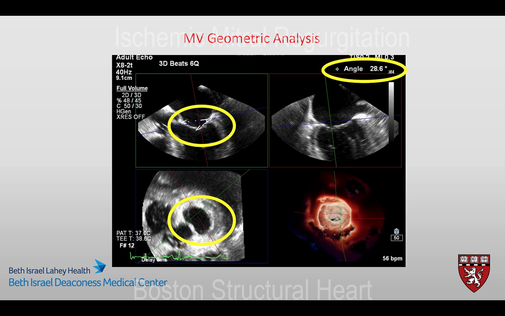This is especially important when you're trying to determine the P3 leaflet retraction, where multiplanar reconstruction allows you to easily confirm that it is actually the P3 scallop you are measuring, and this is something that cannot be achieved with two-dimensional echocardiography. And we can see in our patient here, we measured the P3 leaflet retraction, which we calculated as less than 29 degrees.